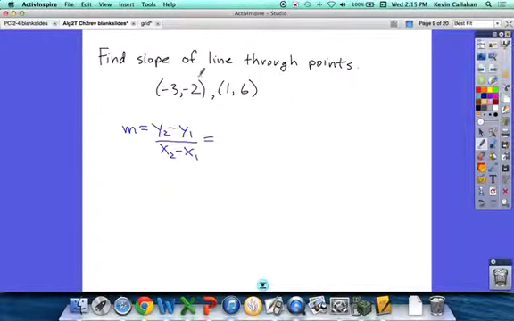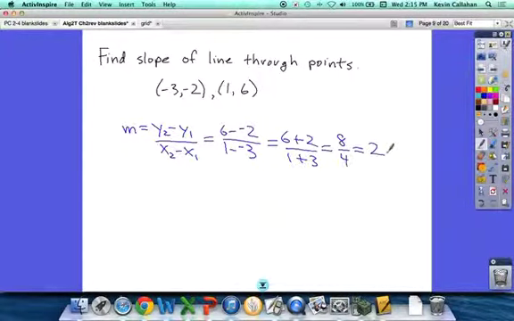So 6 minus negative 2, 1 minus negative 3, which is 6 plus 2 over 1 plus 3, which is 8 over 4, which is 2. Just be careful that you're doing the y's over the x's and not the x's over the y's.